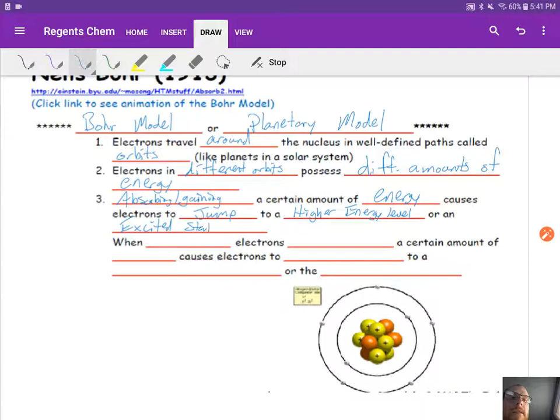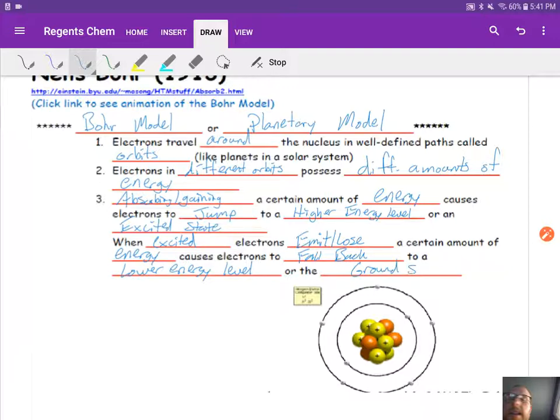So we're going to do a lab. We're going to do a couple different things where we're going to show this. Okay. Now, once those excited electrons emit or lose a certain amount of energy, it causes the electrons to fall back to a lower energy level, or the ground state.